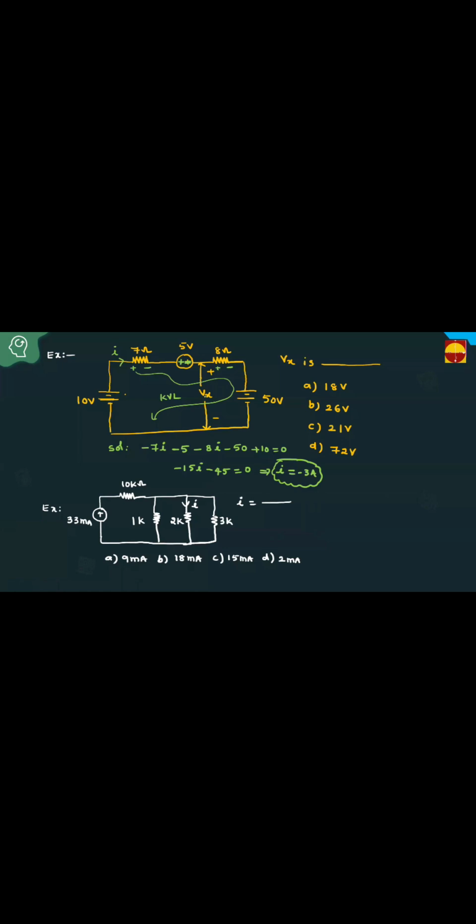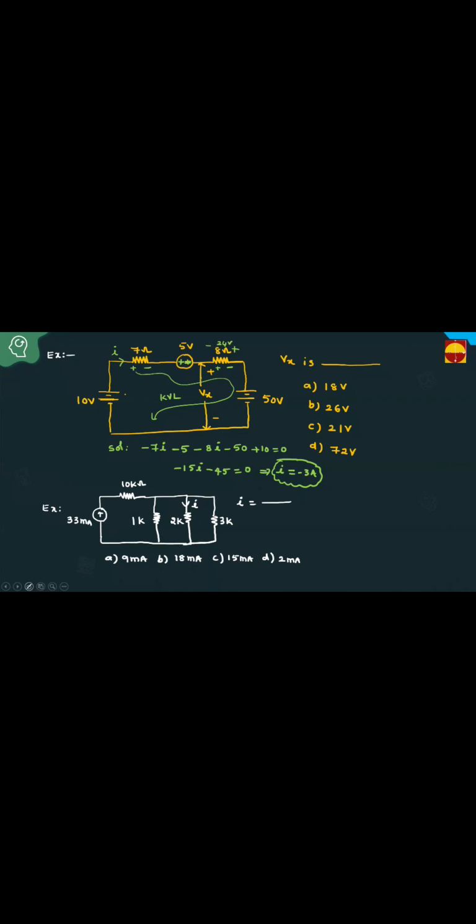If I equal to minus 3 amperes, now what is the voltage across this 8 ohms, friends? Minus 3 amperes means voltage across 8 ohms is minus 24 volts, opposite to this polarity. Now you have to calculate Vx.